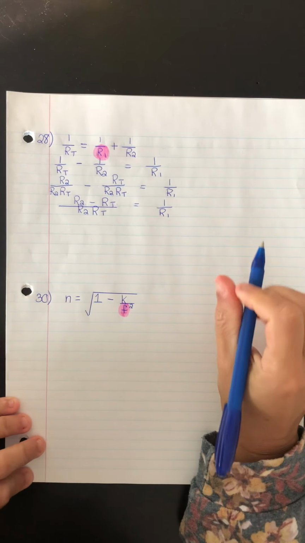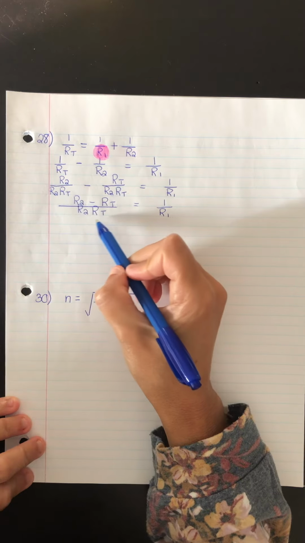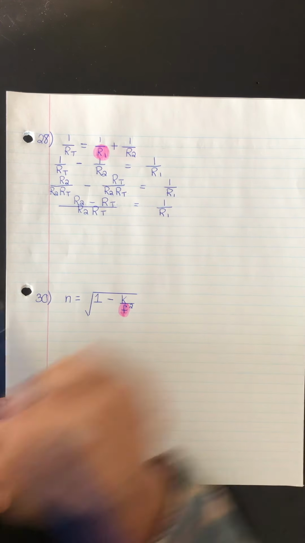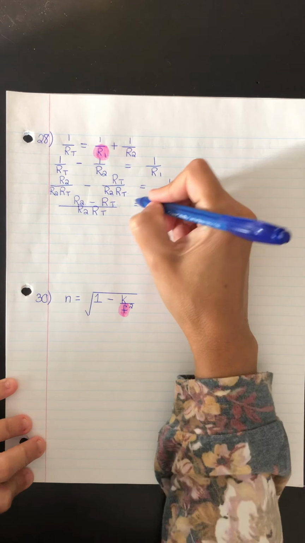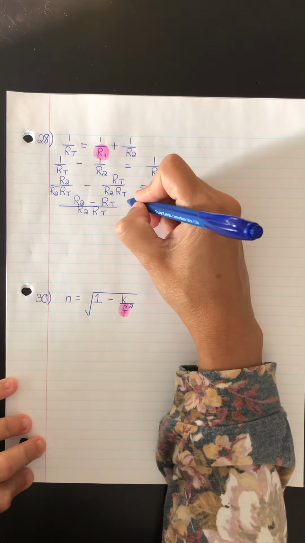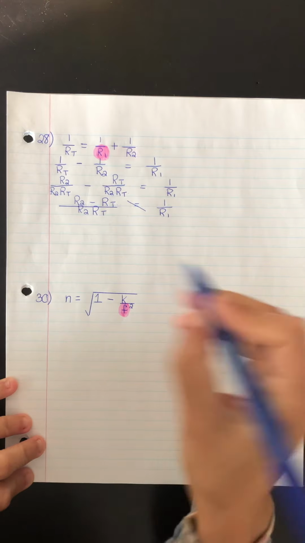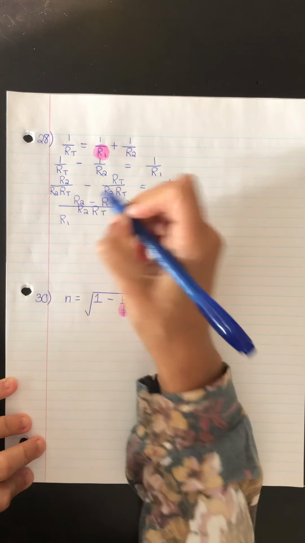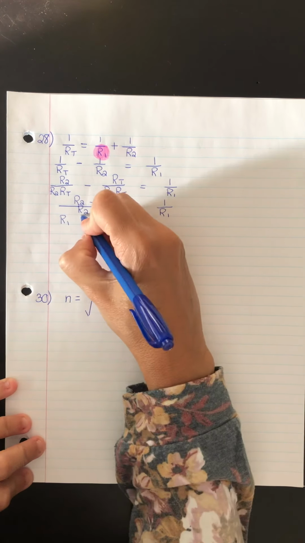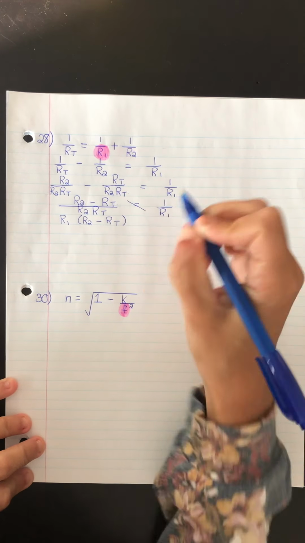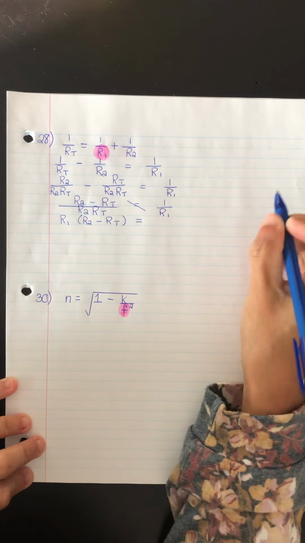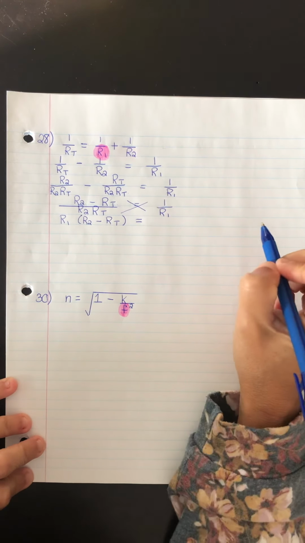And now we have a proportion because we have a single fraction on the left and a single fraction on the right. So we can maybe use cross multiplication to solve this. So if I want a formula for R1, I'm going to multiply this way first. So R1 multiplied by the binomial. So here we'll need a bracket around the binomial is equal to, now we can multiply this way.